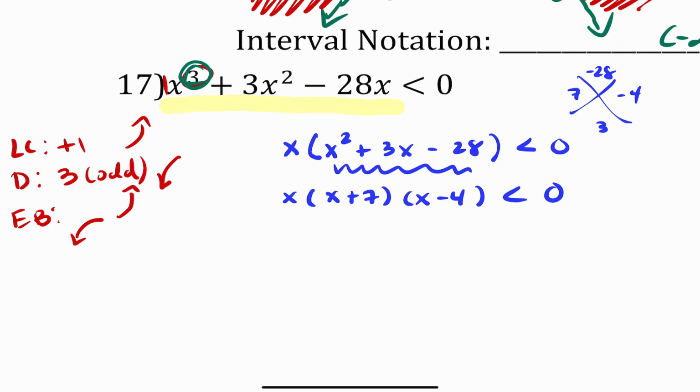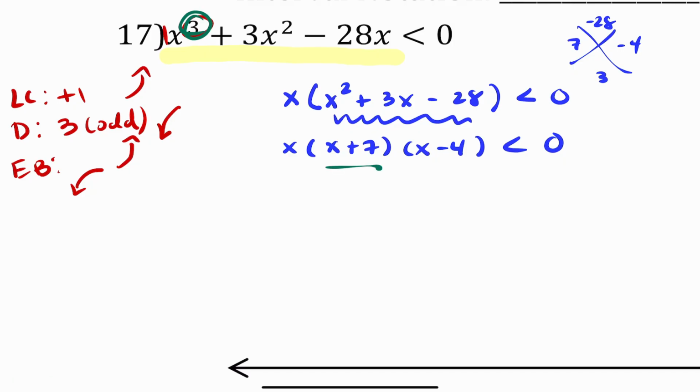Since you have a degree of 3, then you should have 3 critical points. So I'm going to first set x plus 7 equal to 0, which you get -7. The second thing that you're going to set equal to 0 is x minus 4 equal to 0, and you're going to get 4 for your second point.